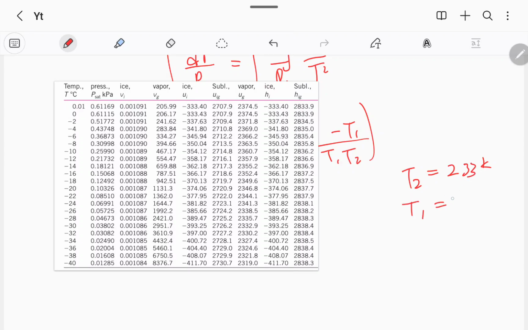Then T1 is 213 Kelvin. The information that we have from the steam table is for negative 40, that's why we're using it as our second temperature. T1 is the one we started with. So we're trying to find what is happening at negative 60, given that we know what is happening there. So let's continue.